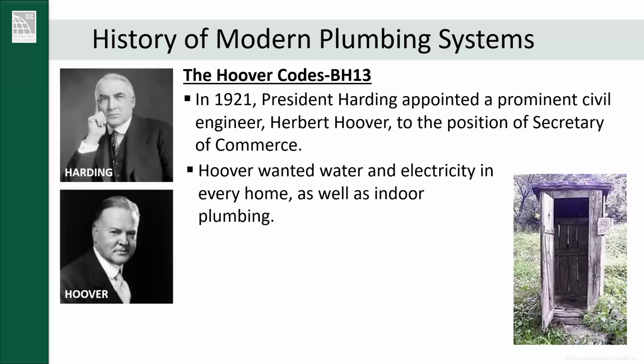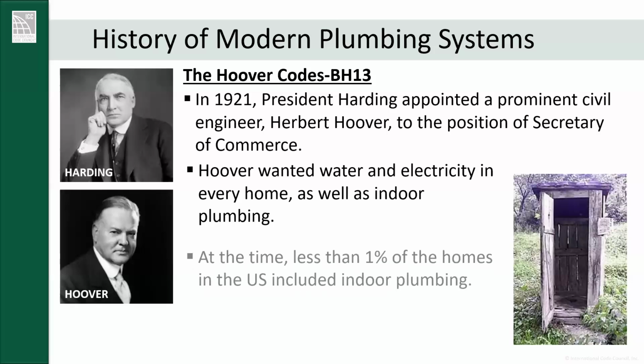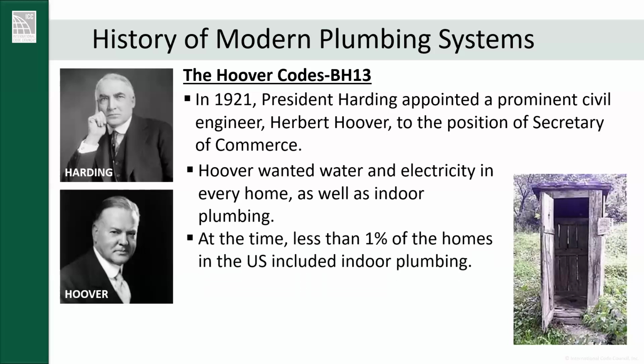So those were all important things and goals. So slightly different than the candidates that we have today for president and what they're looking for. And at the time in the US, there was only 1% of the homes that had indoor plumbing. So this goal was quite robust, in the fact that he was looking for it to increase from 1% to 99%.